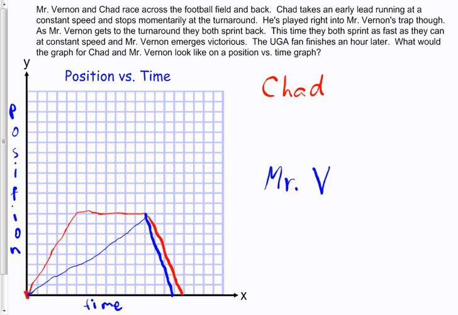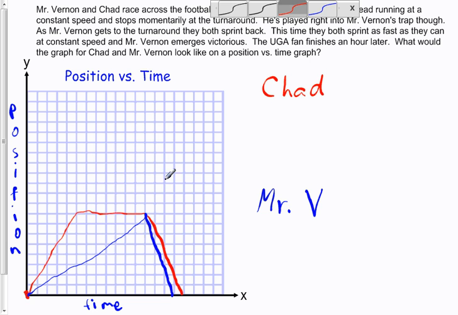So if we clarify what each of these things represent, all right, we're going to mark a couple of marks on here. So for Chad, we're going to put an A, a B, and a C. At A, he is traveling at constant speed forward.